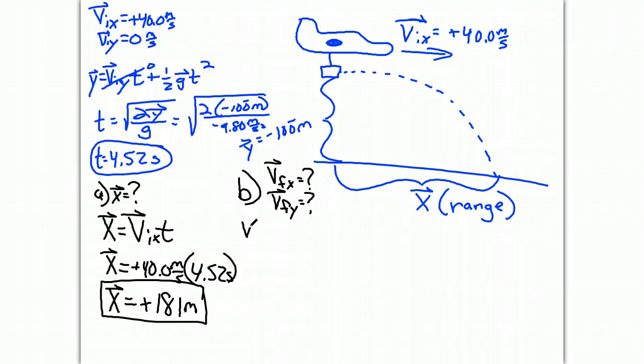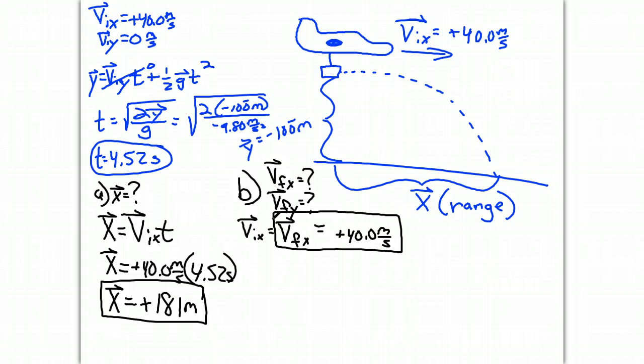Okay. Since there's no acceleration, VIX is equal to VFX. The velocity in the x direction is exactly the same. So that's equal to positive 40.0 meters per second. So that's nice.